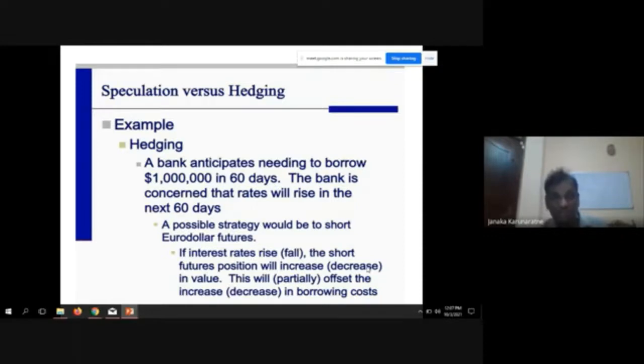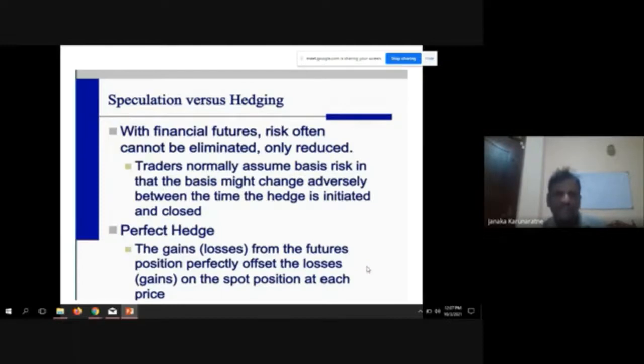It may not be in the same amount, but we will see some examples. But at least you are partially covering your 1% increase in the cash market. So that's why with financial futures, risk often cannot be eliminated. You can't 100% eliminate your risk, but you can reduce it, right?